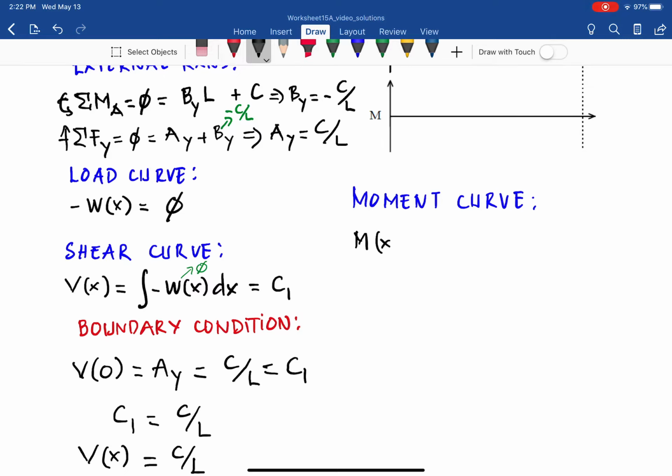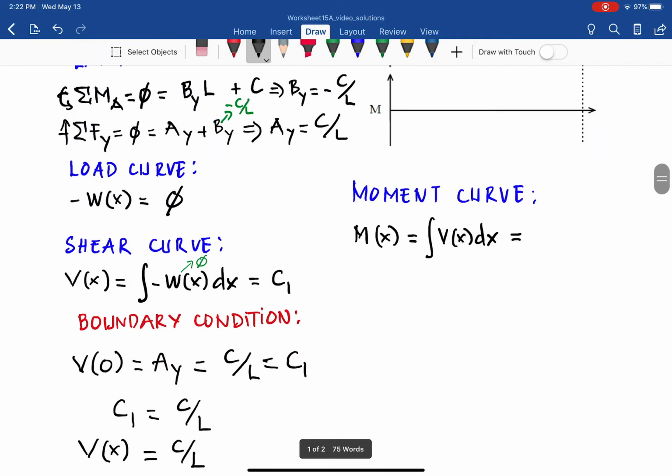So Mx is basically the integral of Vx dx, that is the area under the shear curve, and Vx equals C over L, so we just replace it with C over L dx. C and L, the couple and the length of the beam, are all constants, so we can pull them out. So it will be equal to C over L times the integral of dx.